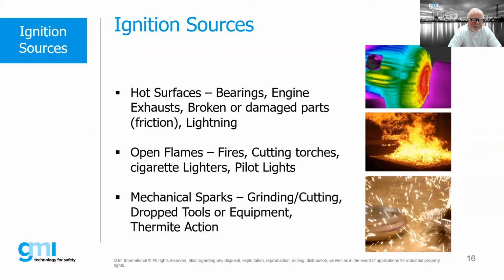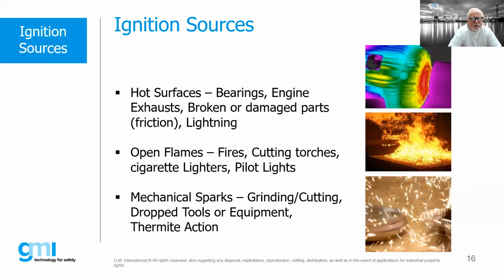Certainly lightning, if it strikes an environment housing gases and vapors, is obviously catastrophic. We obviously think about open flames, things like fires, cigarette lighters, pilot lights, torches. That's usually the one that everybody always thinks about. But sometimes we also forget about things like mechanical sparks, grinding and cutting. This is why when we do work in hazardous locations, we typically have to have hot work permits or gas-free permits.